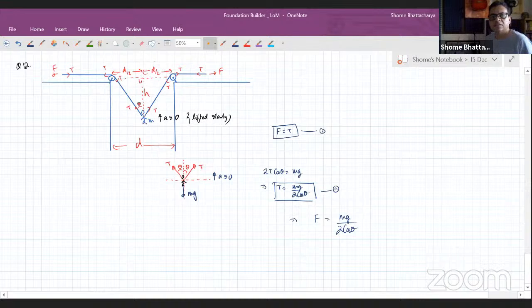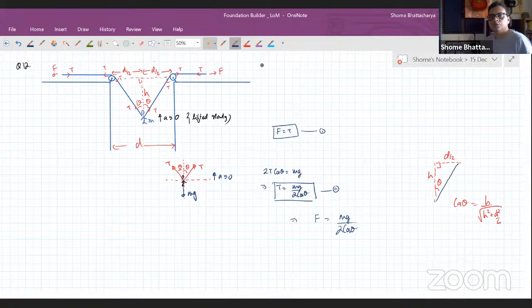So if this angle is theta, you can see that in this triangle the value of cos theta is equal to how much? h upon root of h square plus d square by 4.